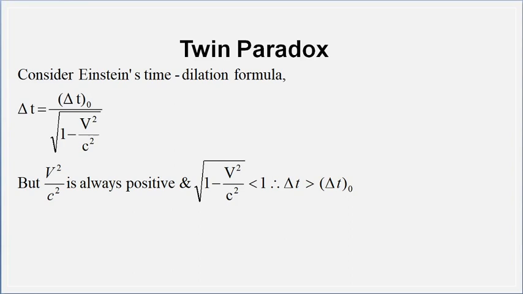So here, the twin paradox. This twin paradox comes across in what is called time dilation. I mentioned that. See, the time interval between the events measured when the event is at rest is less than the time interval measured between the events when the event is moving.